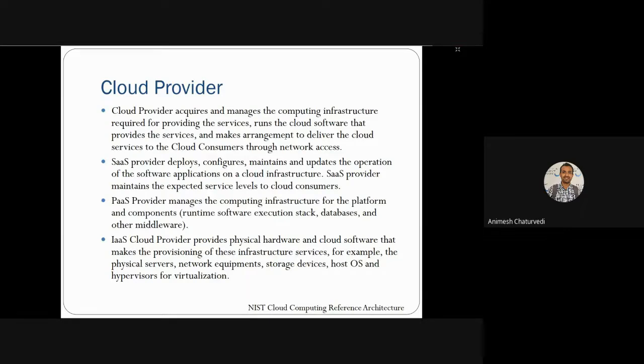Heroku is a PaaS provider. Then what is an IaaS cloud provider? Like Amazon, which provides images, storage space, and databases. They also provide physical IP addresses. So these are the IaaS cloud providers.